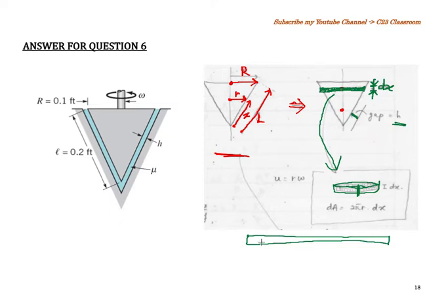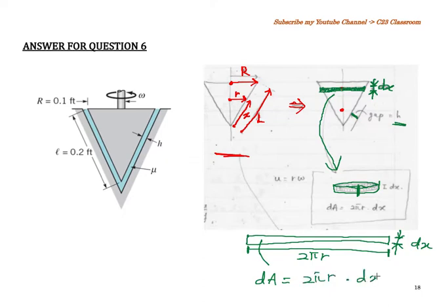To calculate the area of this one, it is equal to the length of this one, which means the circumference of the ring, so it is equal to 2 pi r. And then the height of this one is equal to dx. So we could calculate the value of dA here. It is equal to 2 pi r times dx.